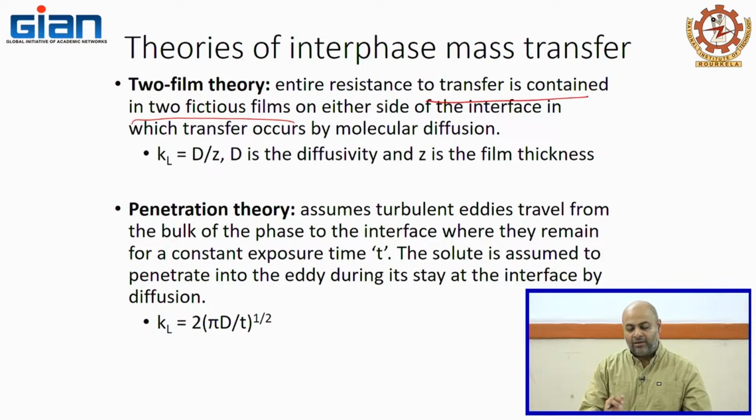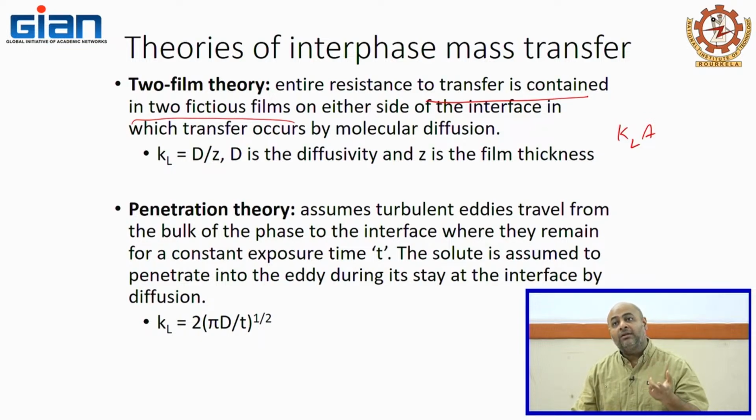So, the KL, which is your diffusivity constant or parameter, would be given by D by z, where D is the diffusivity and z is the film thickness. The mass transfer coefficient is the KL. You would see there is a term called KLA, which is used in estimating your oxygen uptake in a bioreactor.